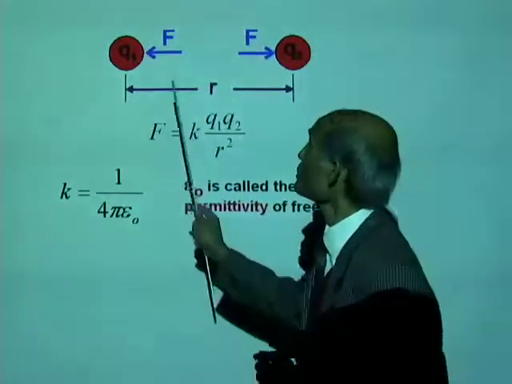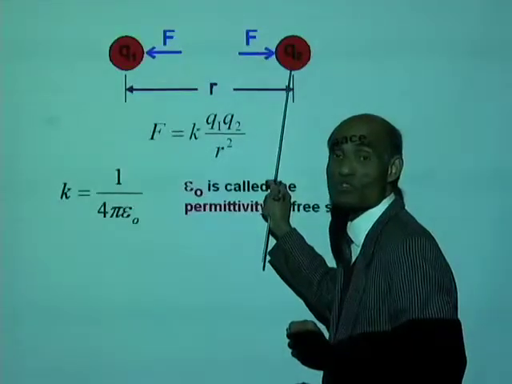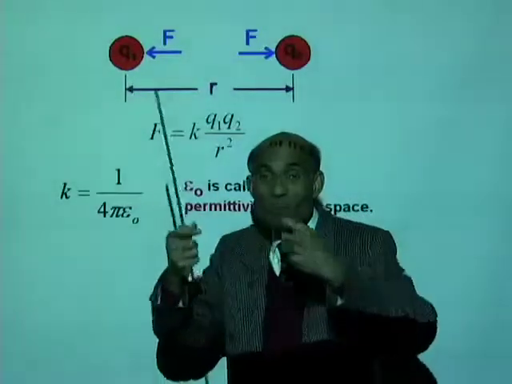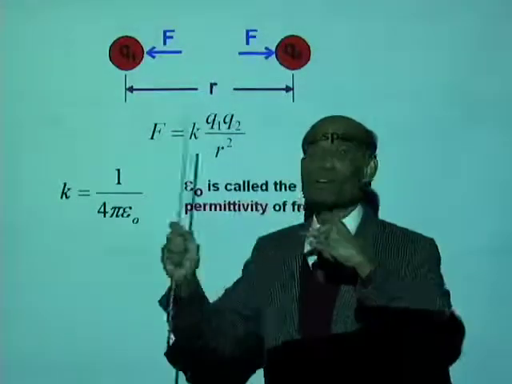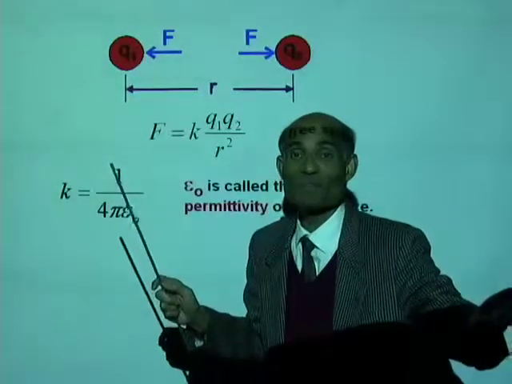Well, you see, this charge is able to exert a force on this charge because the medium in between permits the electrical influences to pass through. Some mediums do it more efficiently than other mediums.